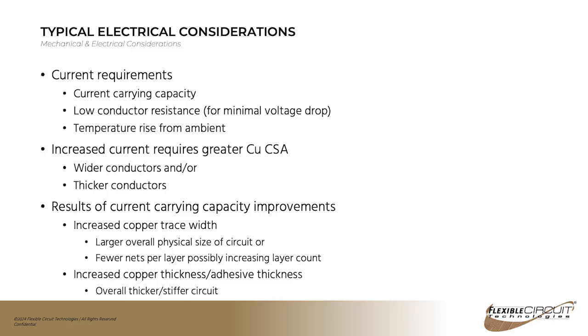If you increase the copper thickness, you're also going to have to increase the adhesive thickness so that we can encapsulate around those conductors. And so that's going to give you an overall thicker and stiffer circuit. So basically, by increasing your current carrying capacity, you're also increasing your stiffness.